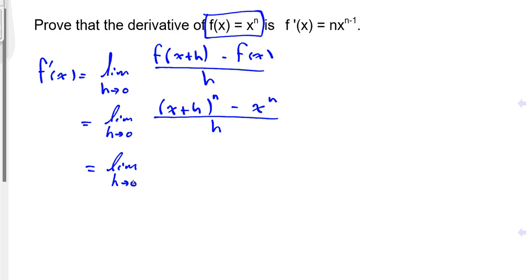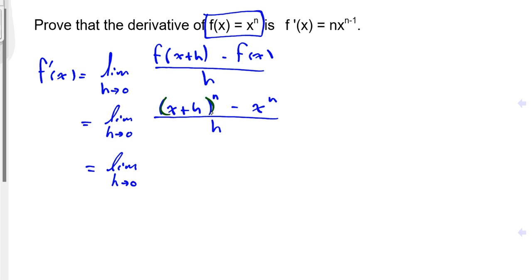So how can I expand this (x + h) to the exponent n? Math 30-1, very last lesson, binomial theorem.